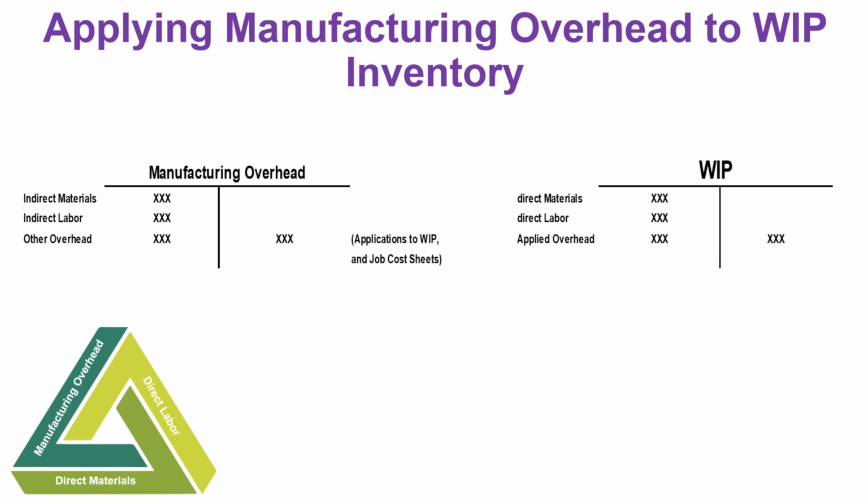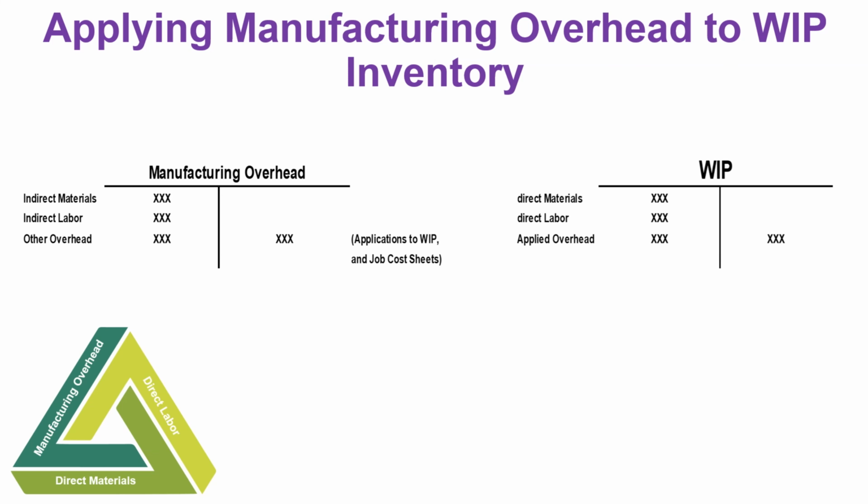But when we do that, we are also going to have to designate how much of all of this manufacturing overhead cost should be allocated to job 351 versus job 355, etc. So we're going to take it out of manufacturing overhead and put it into work in process and allocate it job by job.